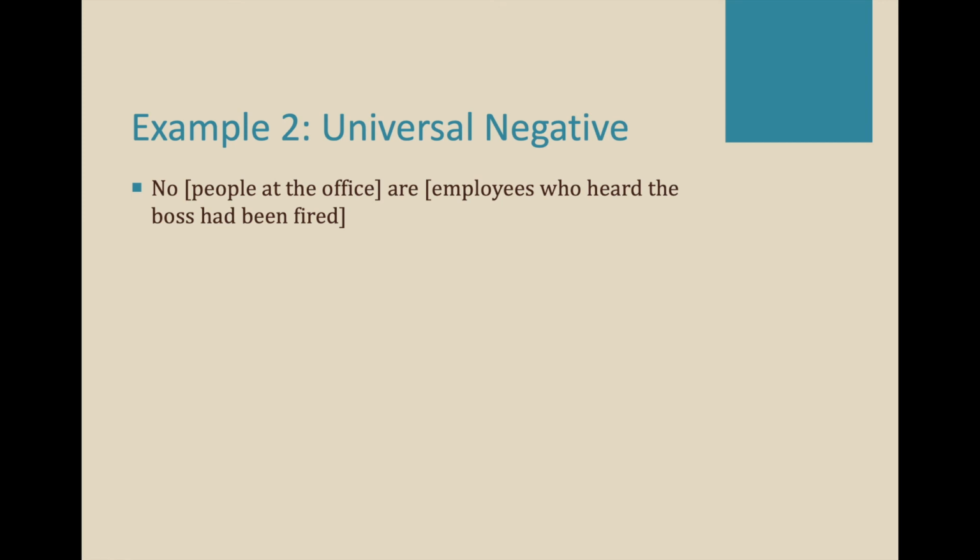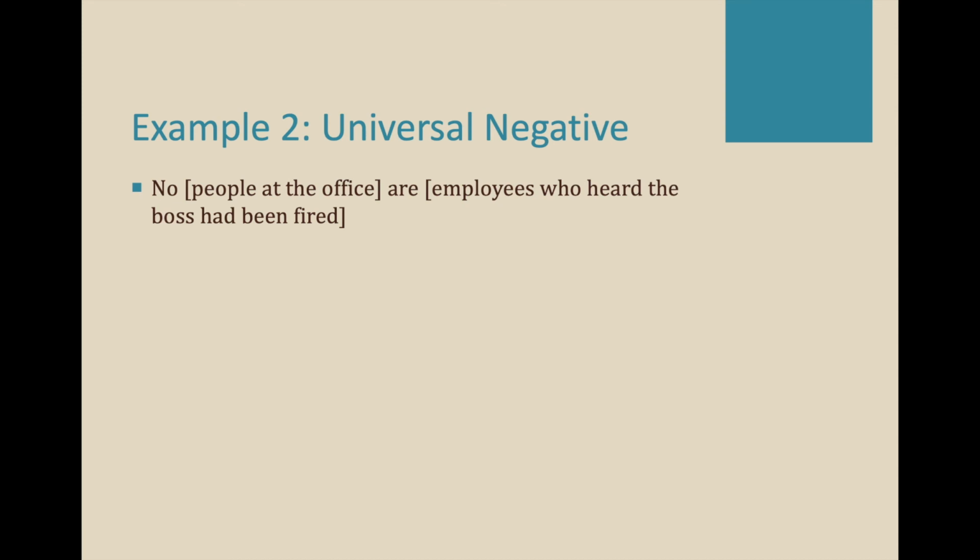It reminds us of the categorical or class representation of the term. So I've plugged in the noun here, employees, to go along with the noun in the subject term, people. It helps us also envision the universe of discourse for this statement. So no people at the office are employees who heard the boss had been fired.